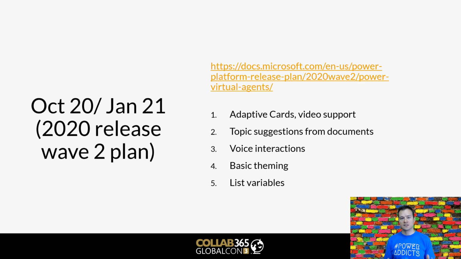It is already announced that there is going to be a release wave 2 plan, which will show us new updates between October 2020 and January 2021. One of the features I'm waiting for the most is the adaptive card support, which was originally planned for October 2020, but it is already postponed, and its preview date is now January 2021.